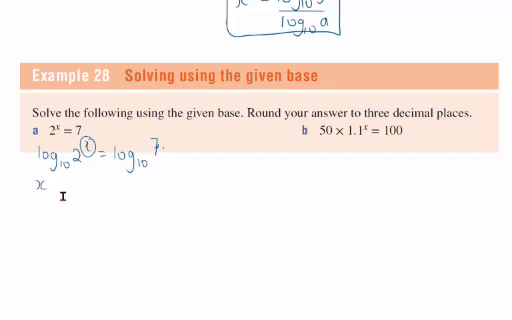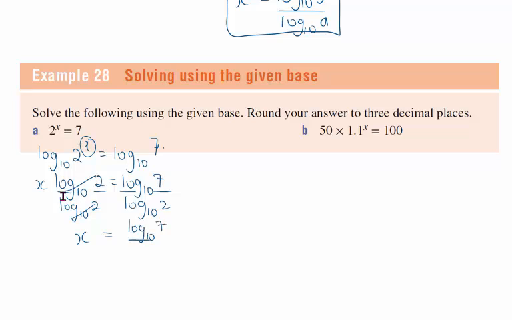So the x goes out the front, and we get x log base 10 2 equals log base 10 7. Get rid of the log base 2, so we divide by log base 2. Whatever you do to one side, you must do to the other. That leaves 1 there, so this is x on the left hand side and log 10 7 over log 10 2. Now we will put that in our calculator.